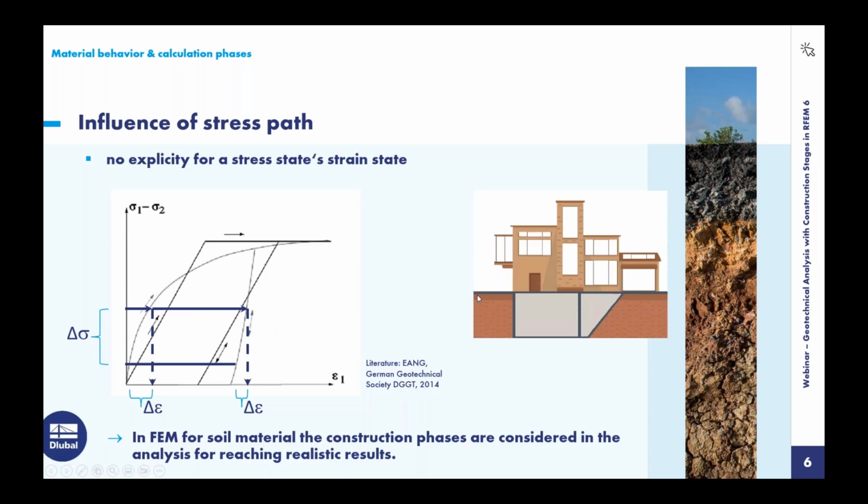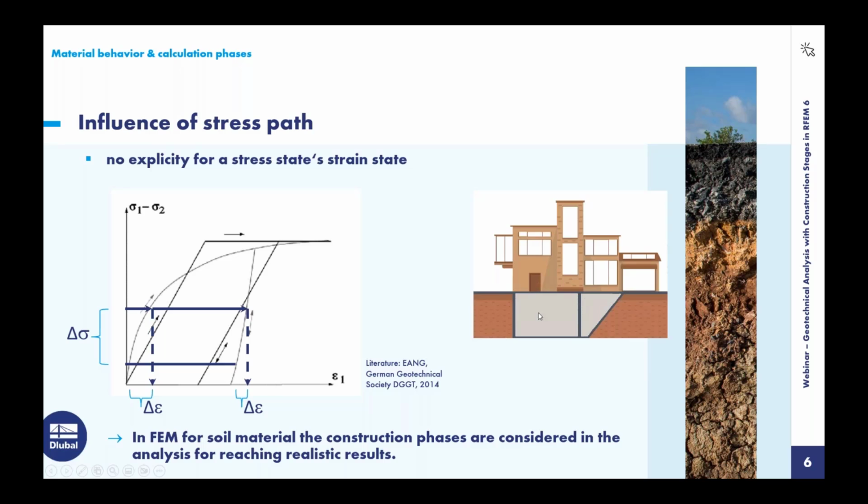You should first model the whole soil and calculate it. Then you have the geostatic stress. Then you should model the unloading, so that you consider that it was before under higher loads and that you are now on the unloading and reloading path.